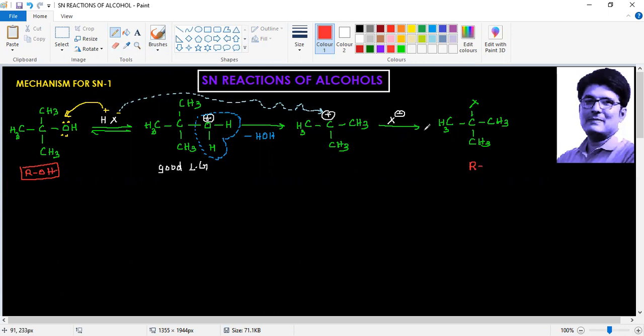How to convert alcohols to alkyl halide? Here it belongs to tertiary alcohols, and the halides obtained are also tertiary alkyl halides. Clear? Okay.